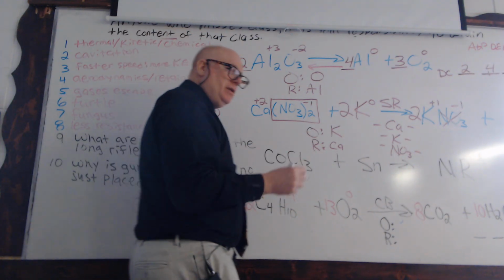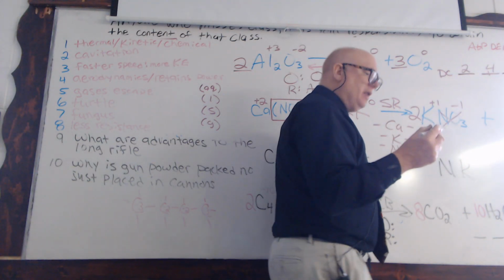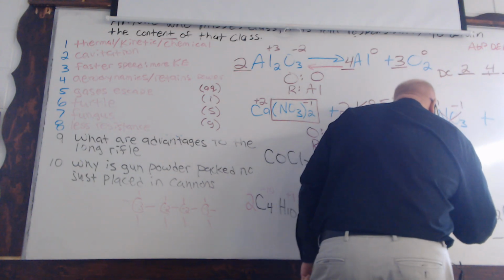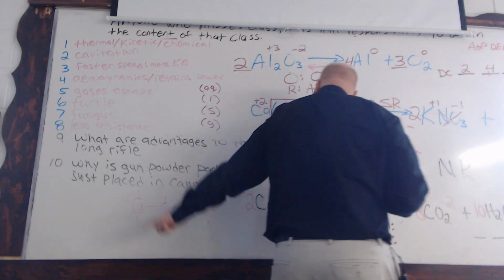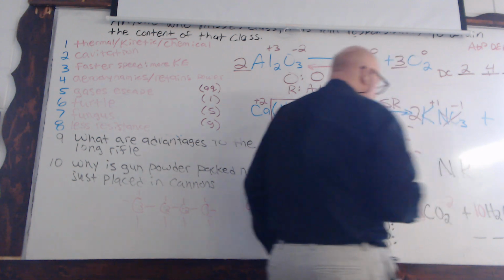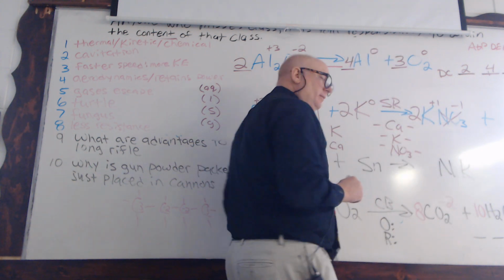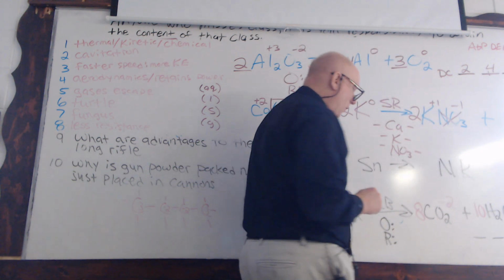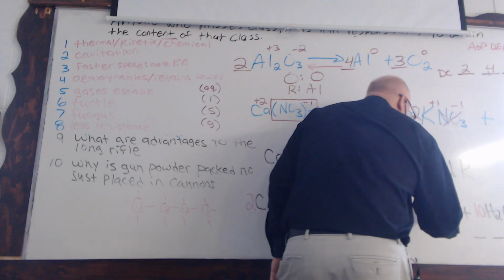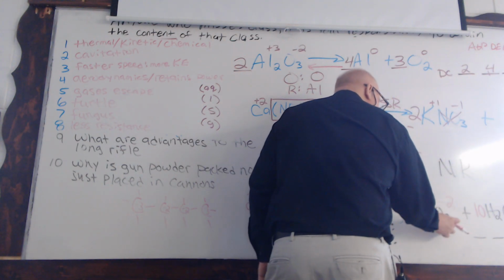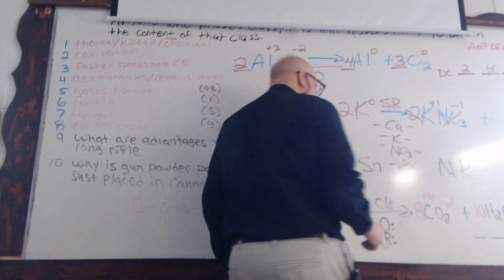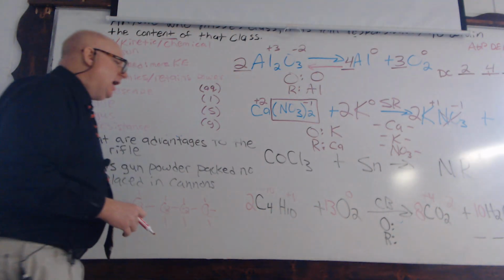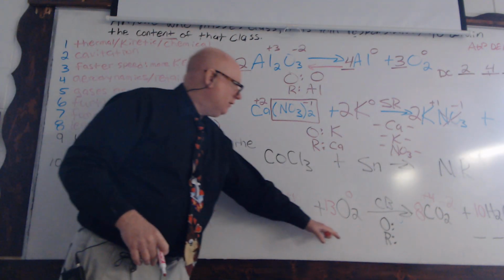Over here. -2. This carbon has a what charge? Don't look at that side. +4. Because -2 times 2 is -4. 4 times 1 is +4. Now we can proceed with this.